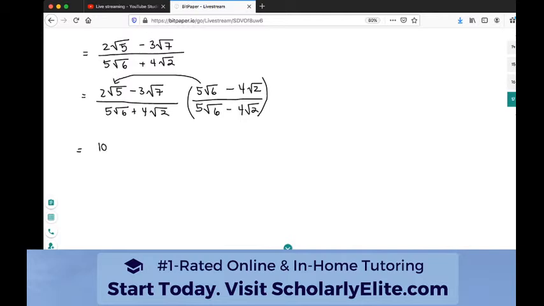So we've got 10 root 30, and then here, that's going to be minus 15, and we've got, wait a second, what am I looking at? Oh, yeah, okay, sorry. I thought I had put the wrong numbers for the wrong thing. Anyways, not the point of the story. So the point of the story is this. This is going to be negative 8 root 10.